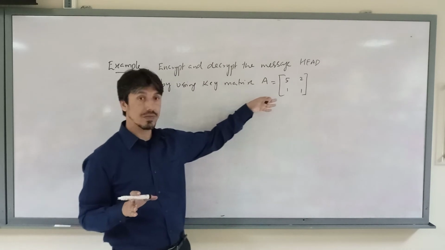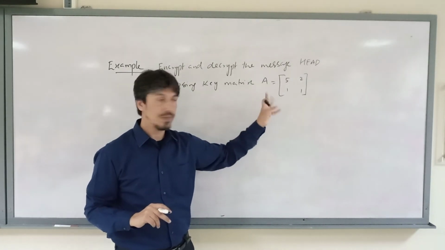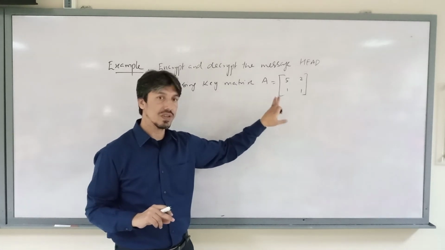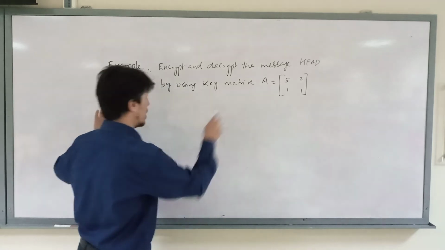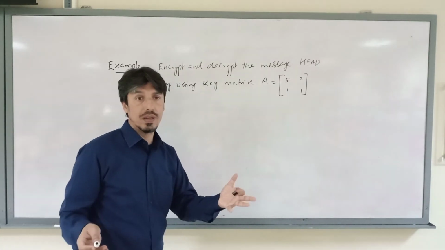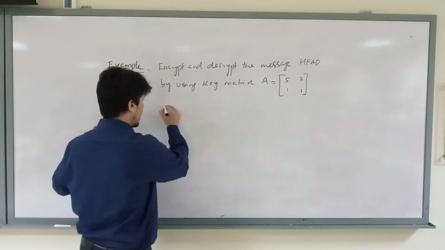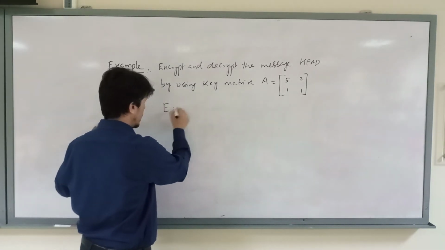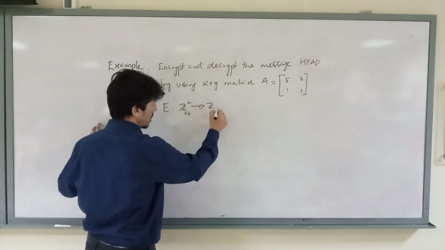If you look at this one, the determinant is 3. Yes, the determinant is 3 and the GCD of the determinant with 26 is 1. You can take all such possibilities on your own. So in that case the encryption function is from Z26 squared to Z26 squared.